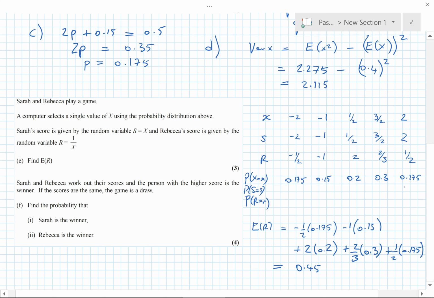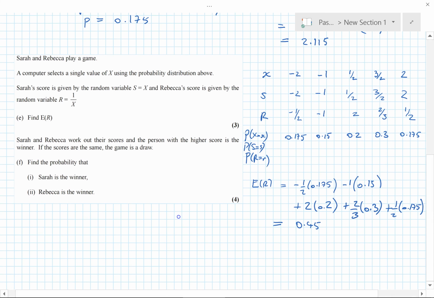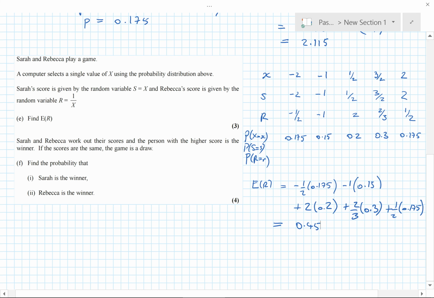Okay, so that's part E, and then part F, even less standard again, I would say, probably. First time I read this, I thought, oh God, I'm not sure. Occasionally it happens. I think I read too much into it because I didn't really realise it all relates back to whatever x is drawn. So these two are very connected.